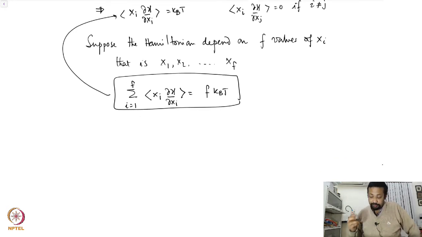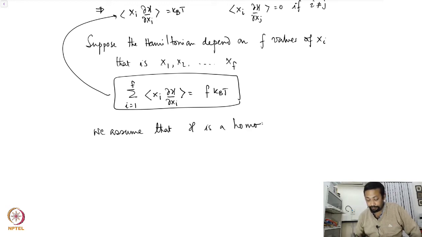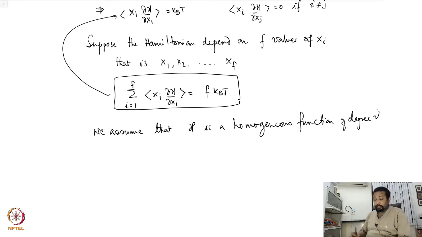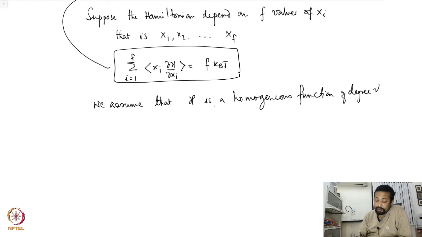Good. Further, we take it now one more step. We assume that h is a homogeneous function of degree nu. Normally for the ideal gas we also had this to be a homogeneous function. We just did it a little while ago or in the earlier class.